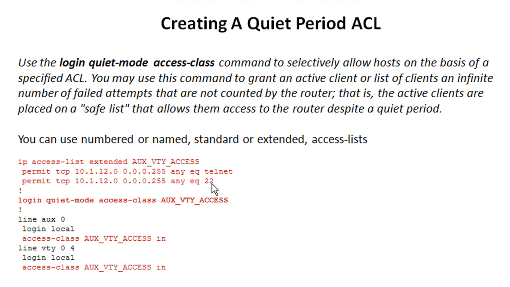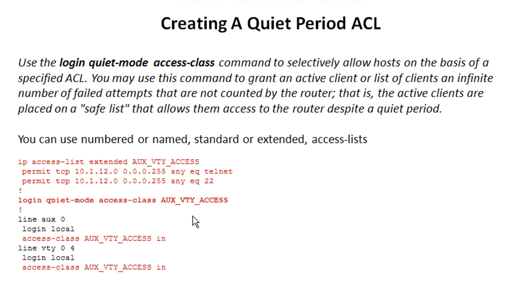We only want to allow Telnet and SSH access to our auxiliary and VTY lines. And during the quiet mode, remember that little problem that we discussed earlier, where during the quiet mode, IOS will actually overwrite your access class with the default sl_def_acl access list, which blocks everything.